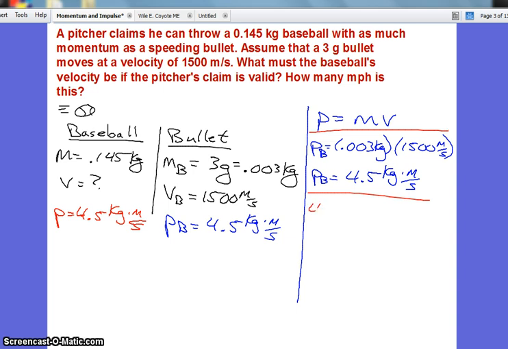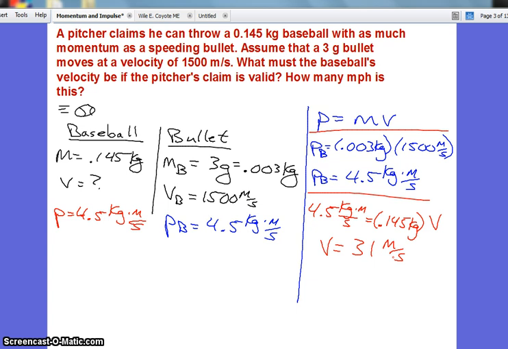We have 4.5 kilograms times meters per second for the momentum. Mass is 0.145 kilograms, and we're trying to find that velocity. So we divide, and we get that the velocity is 31 meters per second.